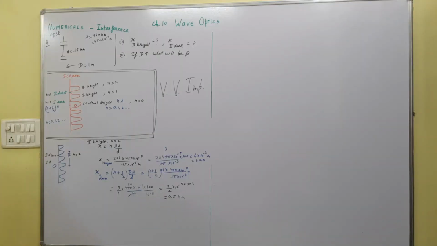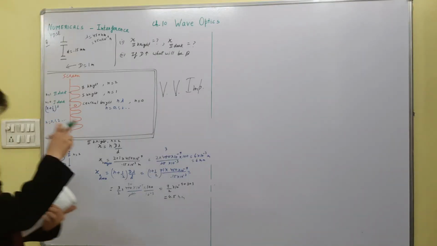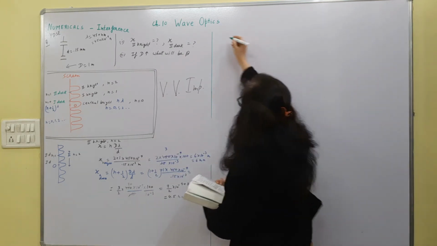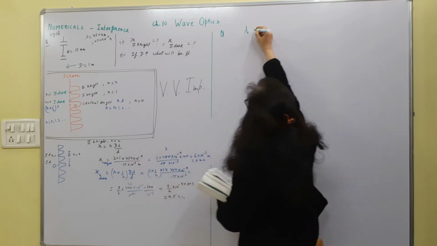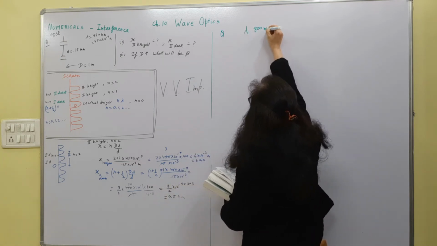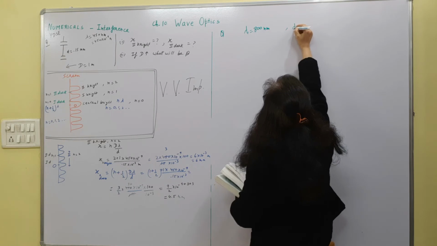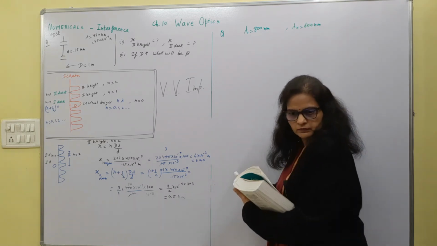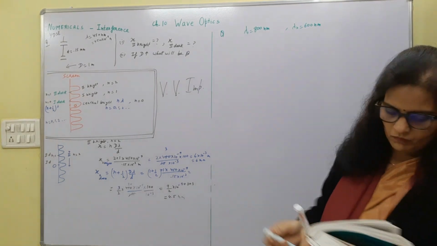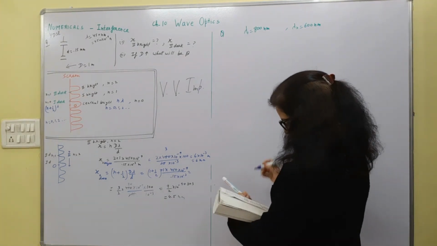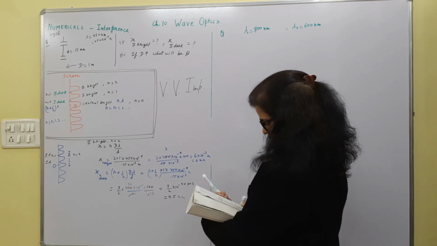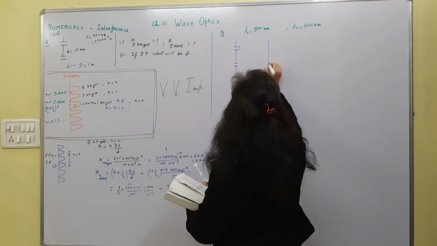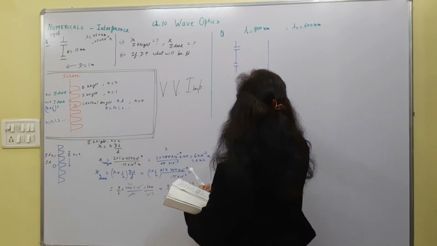A beam of light consisting of, I'll take a big question here, two wavelengths 800 nanometer and 600 nanometer, so lambda 1 is used to obtain the interference fringes in YDSE on a screen held 1.4 meter away.